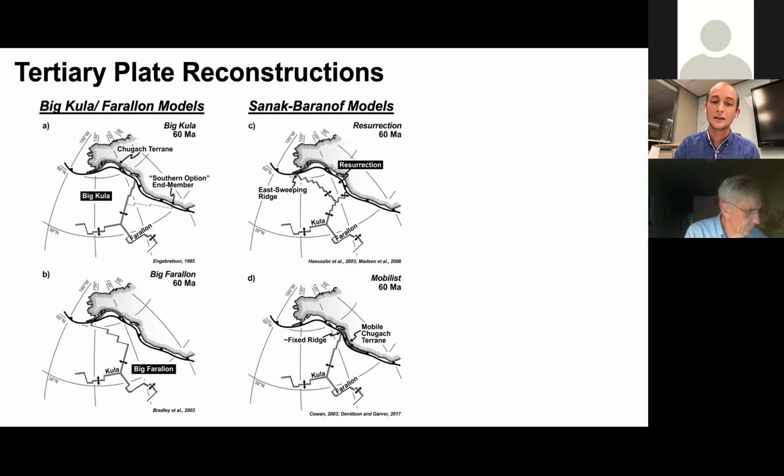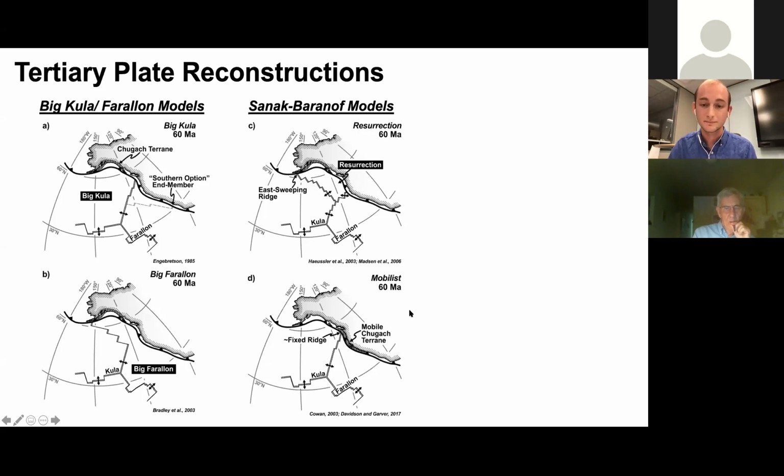What's been called the resurrection plate model does so by having, instead of a single mid-ocean ridge subducted below Western North America, two mid-ocean ridges, one subducting below Alaska and the other subducting below the Pacific Northwest. And those two mid-ocean ridges bound an additional tectonic plate known as the resurrection plate.